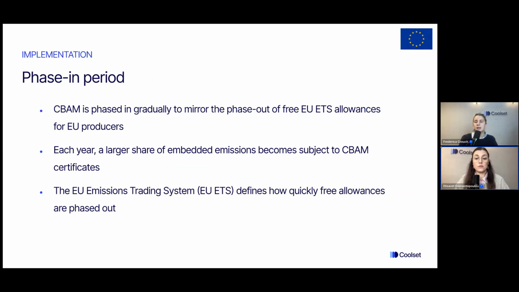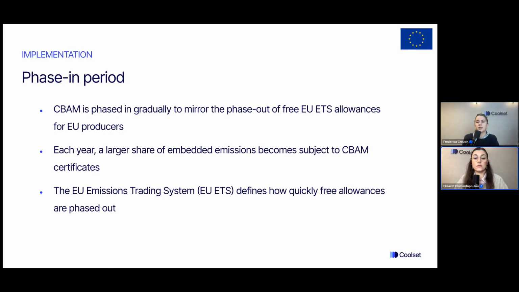So for example, an EU steel producer emitting 100 tons of CO2 might only have to buy 60 or 70 tons of CBAM allowances, but this free proportion is going to reduce, and consequently the share of emissions subject to CBAM certificates will increase. And the EU ETS is what defines how quickly this happens.